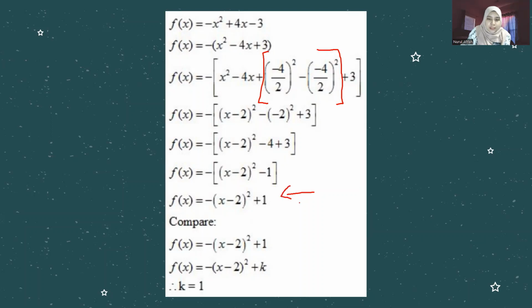So this answer, you must compare it with the equation given. So this is the answer: f(x) equal to negative (x minus 2) to the power of 2 plus 1. And compare it with the equation f(x) equal to negative (x minus 2) to the power of 2 plus k. So the answer is k equal to 1.